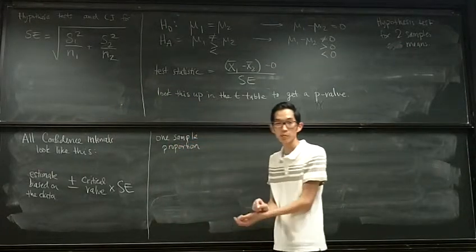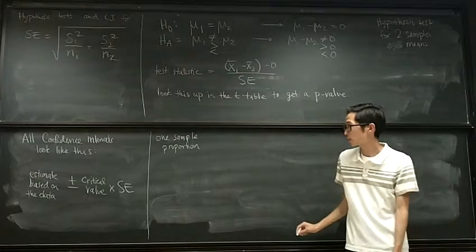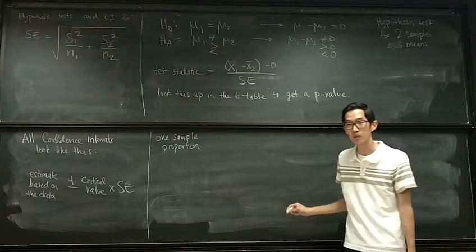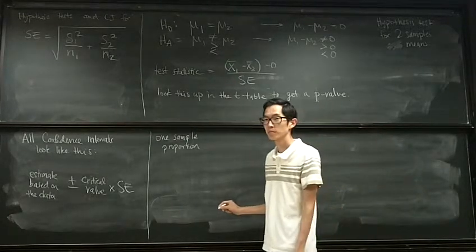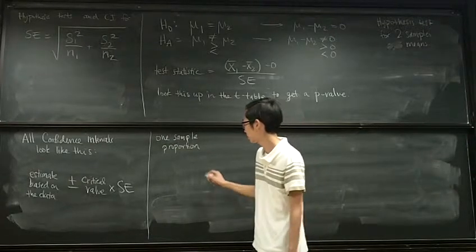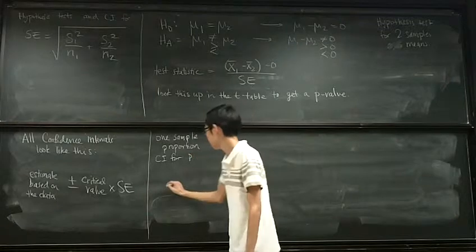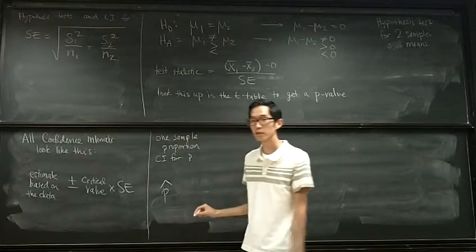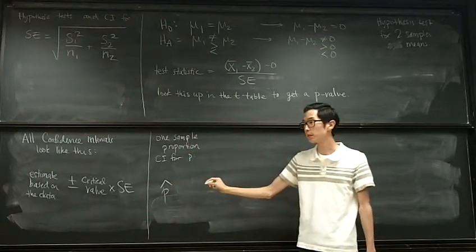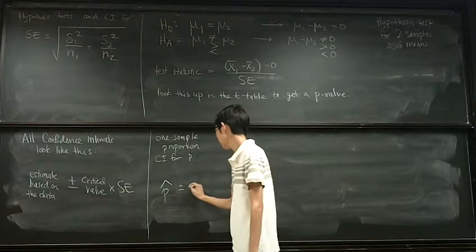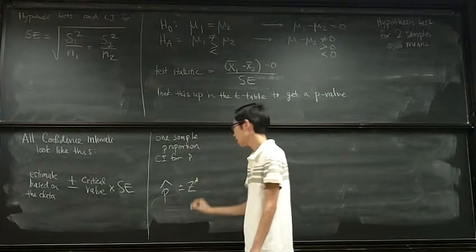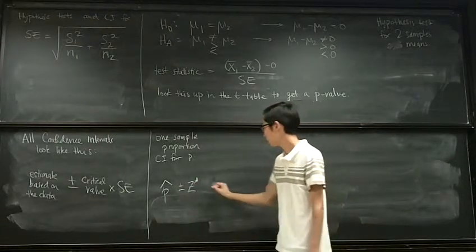What is the estimate based on our data when we're dealing with a proportion and we've got one sample? Okay, so it's a confidence interval for P. It's going to be P hat. This is our estimate based on our data. Plus or minus a z star, that's our critical value, times our standard error.